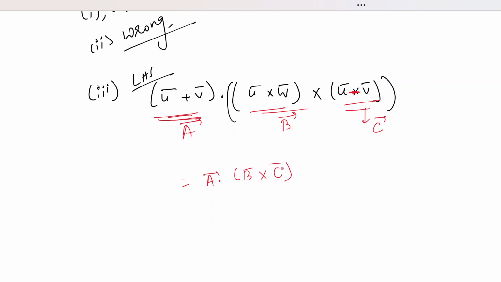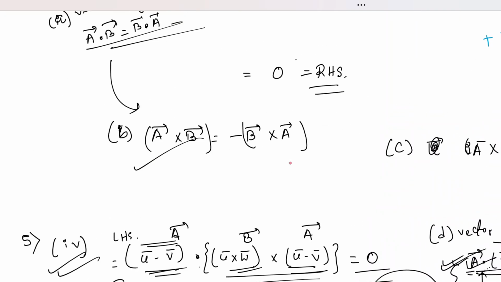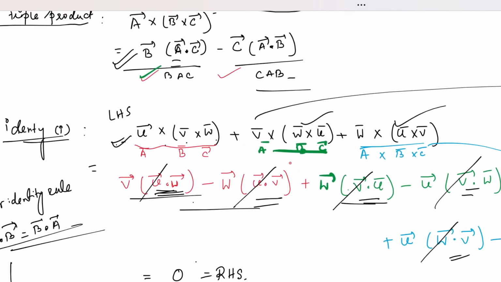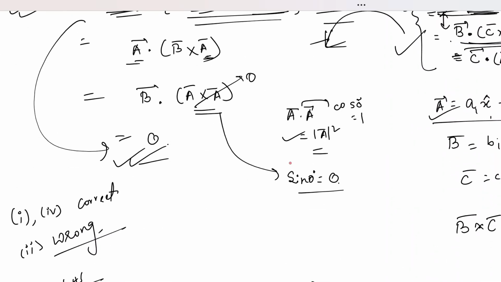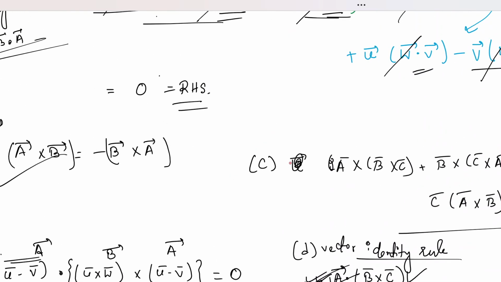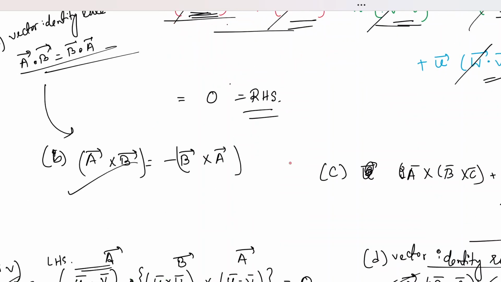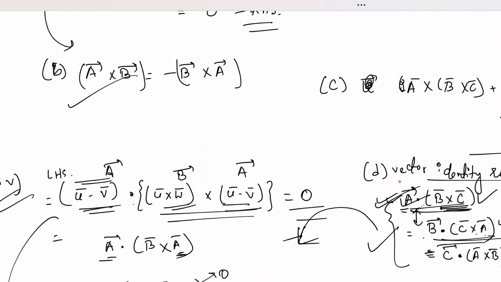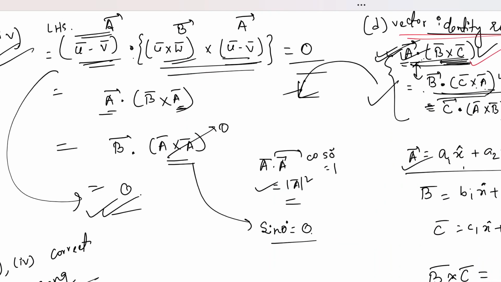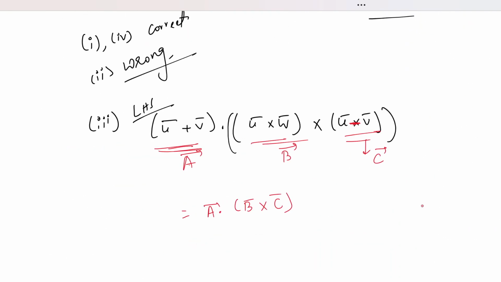You remember this formation just like I showed earlier, that a dot b cross c is b dot c cross a is equal to c dot a cross b. Yeah, this is a vector identity rule. Similar form we have obtained where your a vector is your addition of two vectors, b vector is the cross of these two vectors, and c vector is u minus v vector.